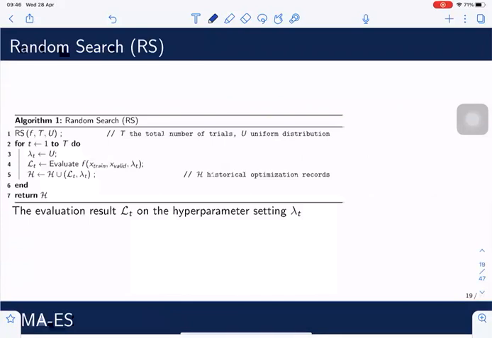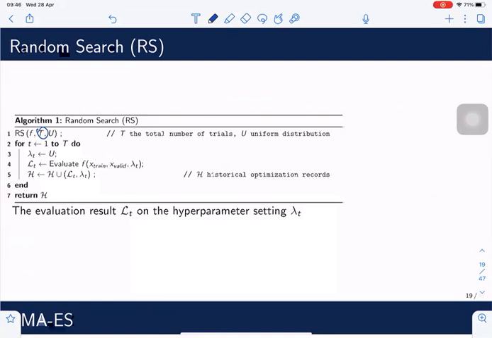And in our GECCO paper, we fit the random search, TPE and CMA-ES approaches into the framework of HPO problems. The T here means the total number of trials.